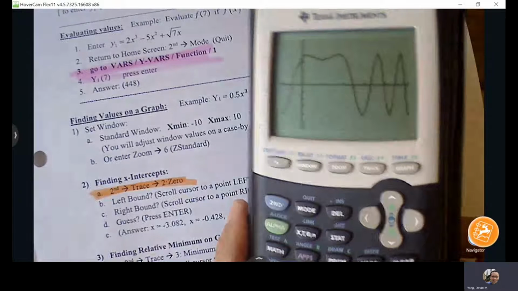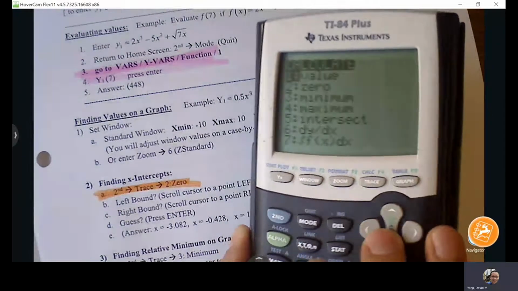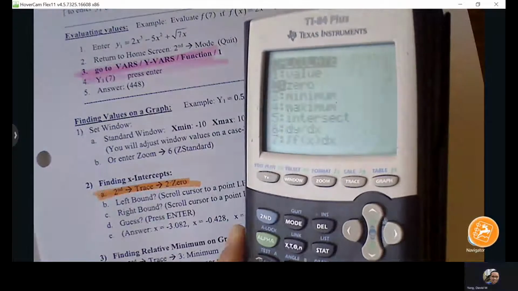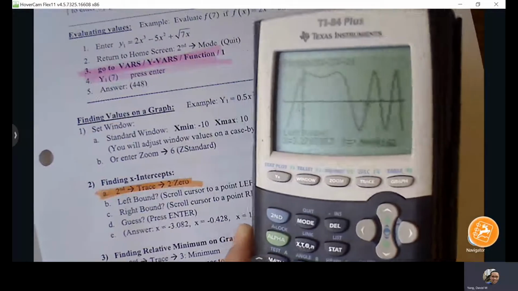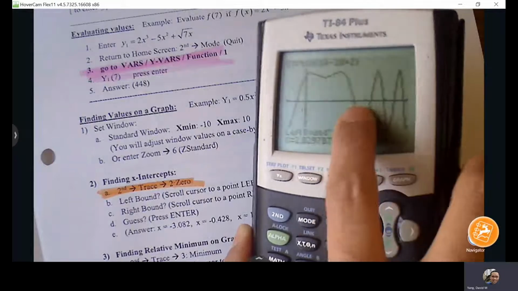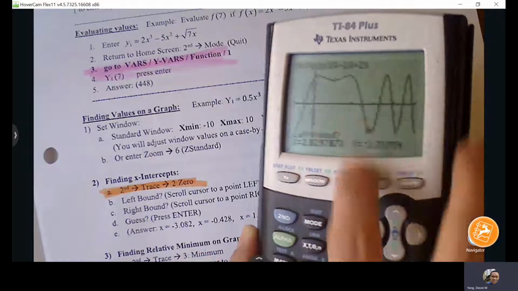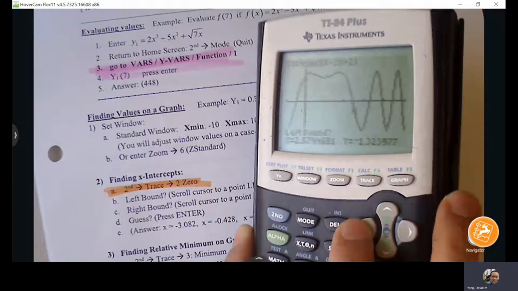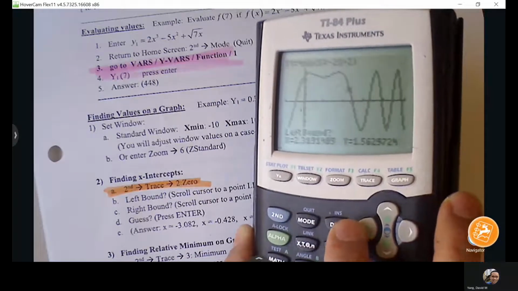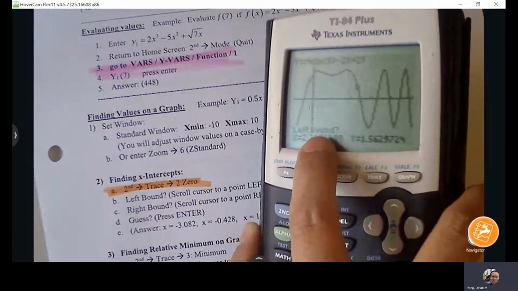Go to second trace, and then select the 0 feature. Left bound, so I'm going to scroll over to a point on my first x-intercept. We're only going from 0 to 4, so we're going to ignore that x-intercept. I'm going to pick a point to the left of this x-intercept. And you see that question mark there, left bound question mark.